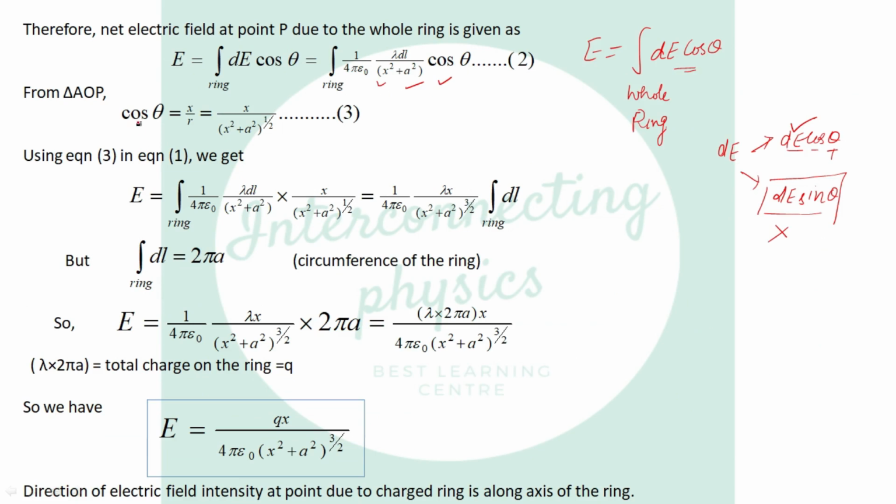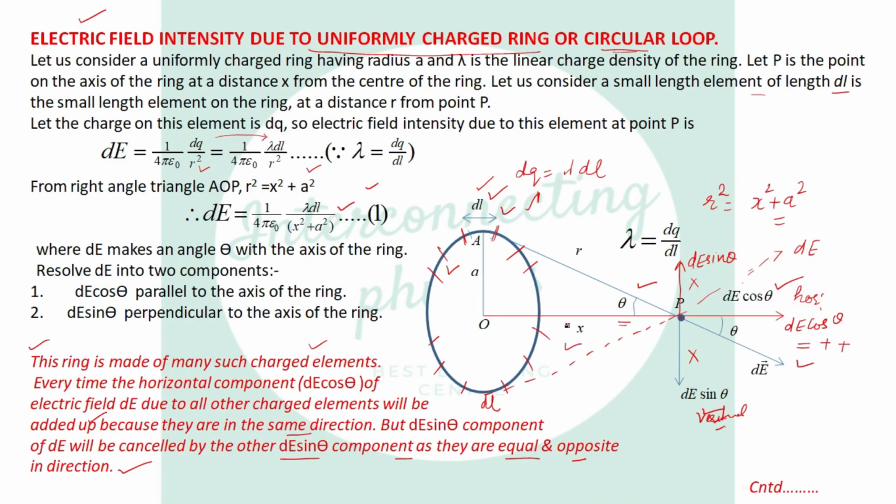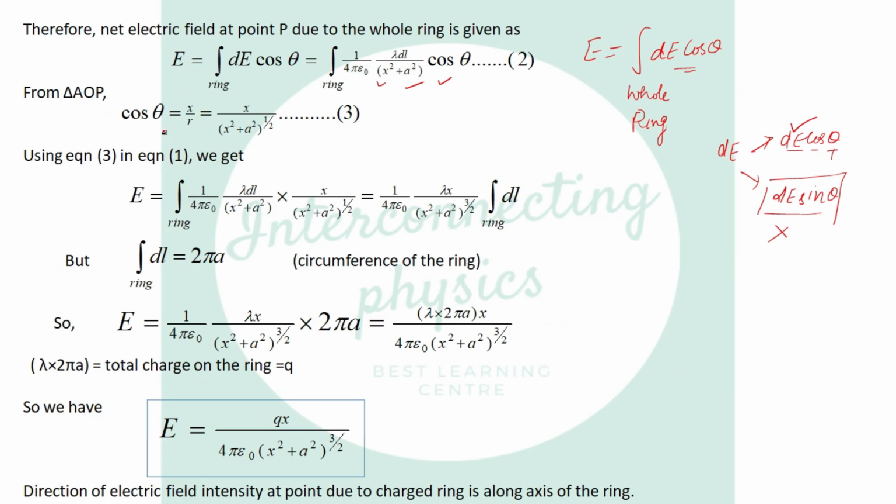Now put the value of cos theta, which is base over hypotenuse. From this triangle you see cos theta is base over hypotenuse, so x over r, and the value of r from Pythagoras theorem is the square root of x square plus a square.